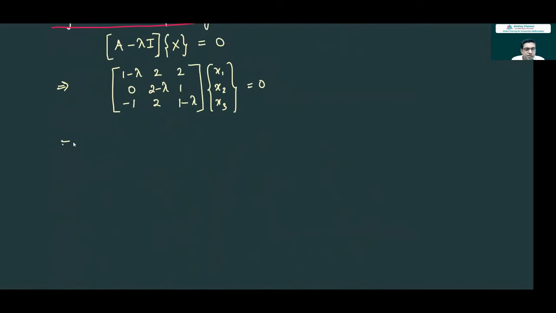So we get, now put lambda equal to 1. So we get 0, 2, 2, 0, 1, 1, minus 1, 2, 0.